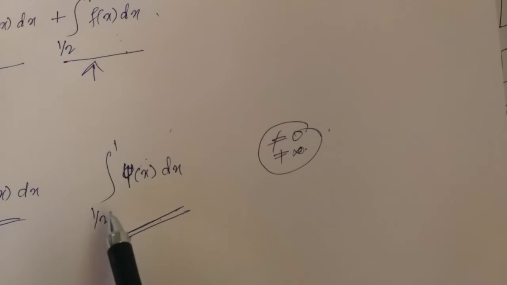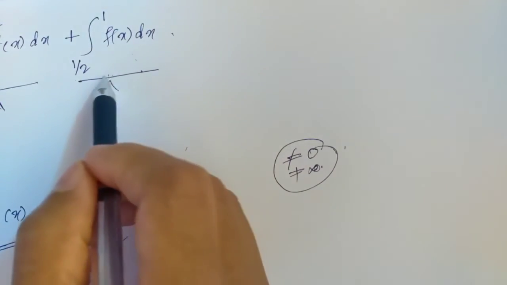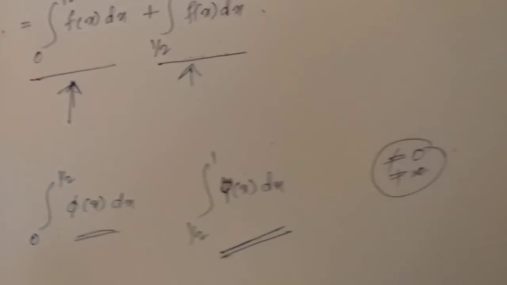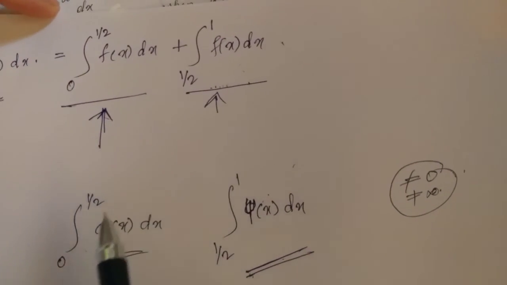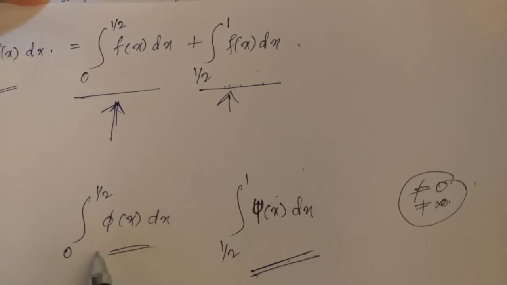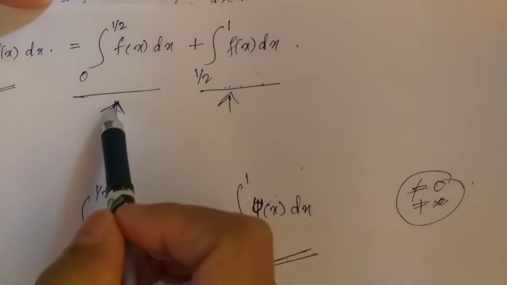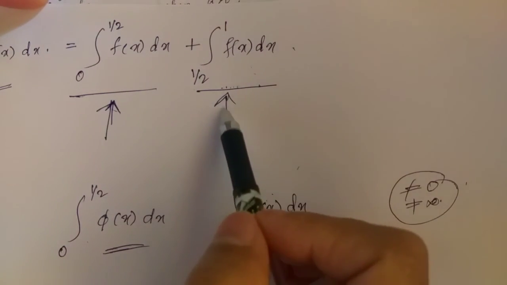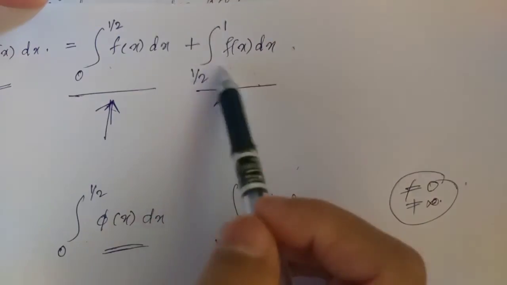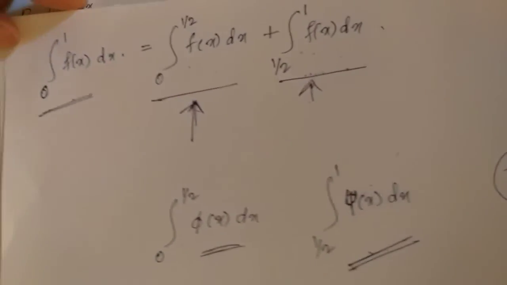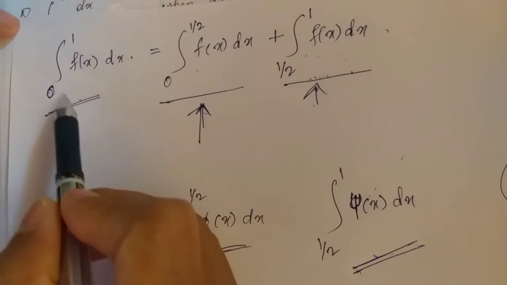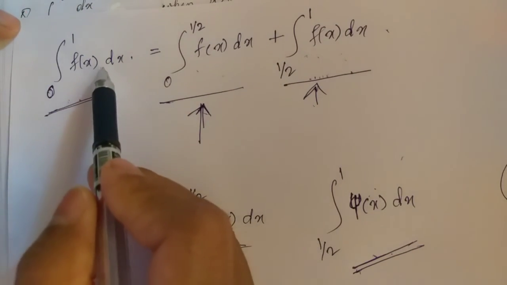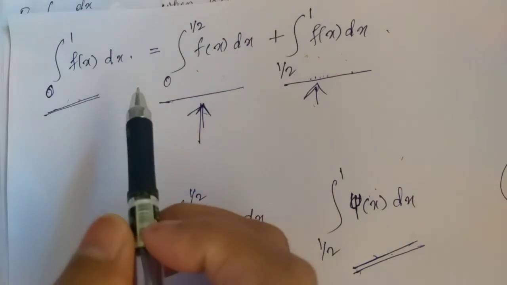And this integral is convergent, so it means that this is convergent. So let me repeat. This is convergent, which means that this is convergent. This is convergent, which means that this is convergent. So both of them are convergent. It means that this improper integral from 0 to 1 f of x dx is convergent.